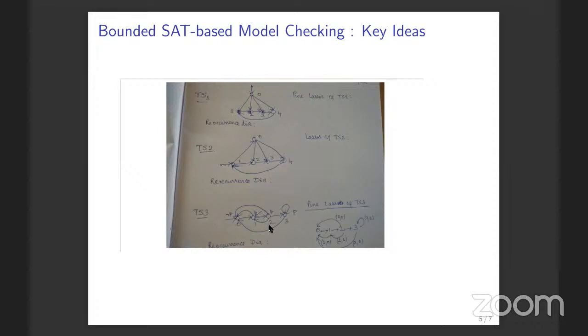So there is this question: not all paths in a finite state transition system have to be of that lasso shape, because I can have paths like I just explained. Did you appreciate the difference, the point that I made?